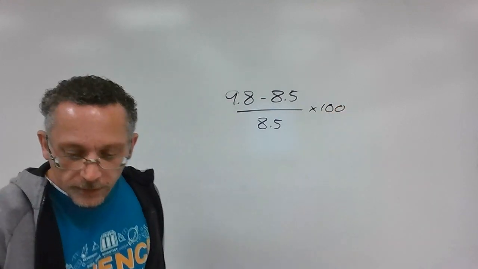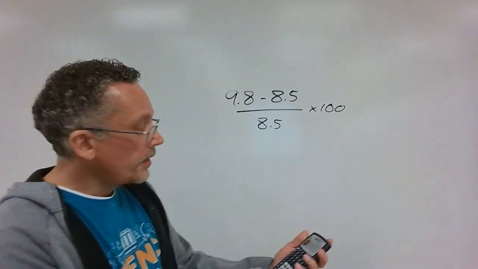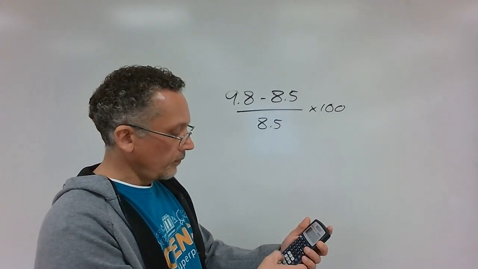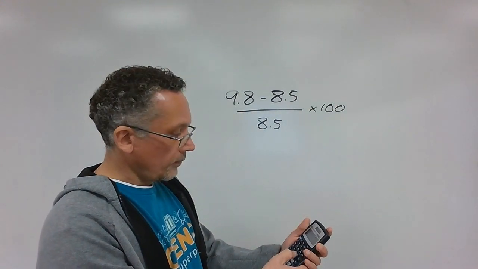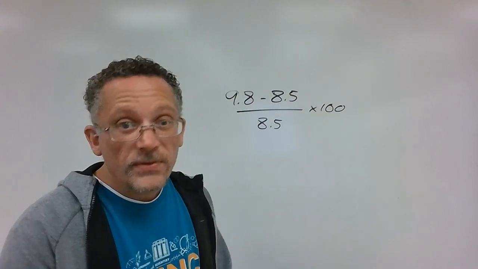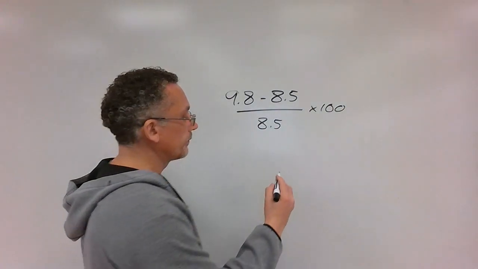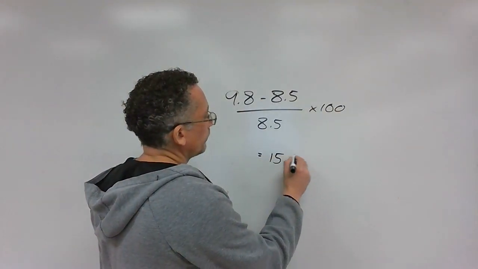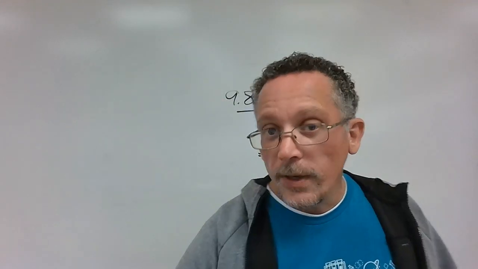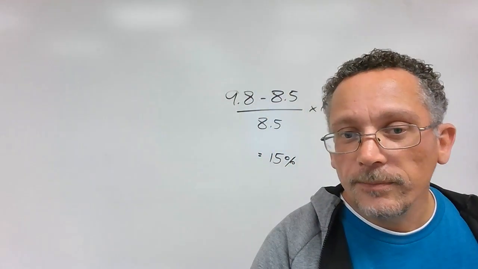Let me get my calculator here and we'll figure out what our percent error is. Okay, so I got about 15%. Maybe we could do better than 15%, but that's what we got here.